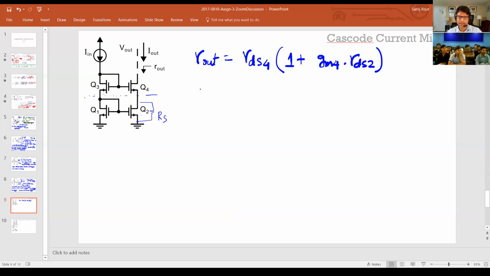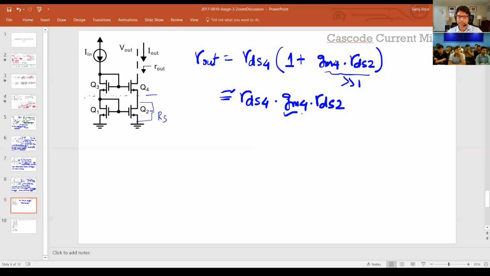And in cases like this one, where you have the output impedance of a transistor, typically this term, GM times RDS, is much, much greater than 1. So you can even further write this as RDS4 times GM4 times RDS2.